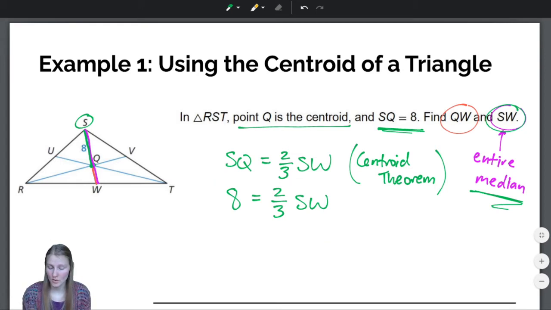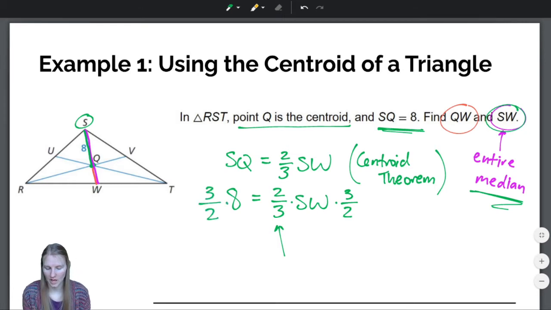Well, remember that when I have a fraction times a variable, I can multiply by the reciprocal. You'll remember the reciprocal from section 3.5 because perpendicular lines have negative reciprocal slopes. So the reciprocal of 2/3 is 3/2.